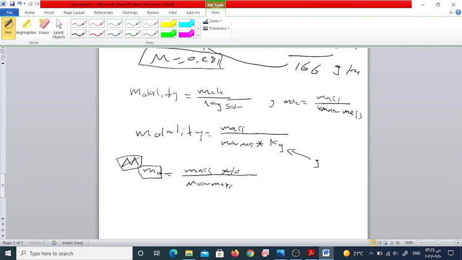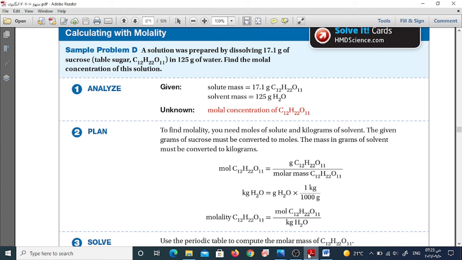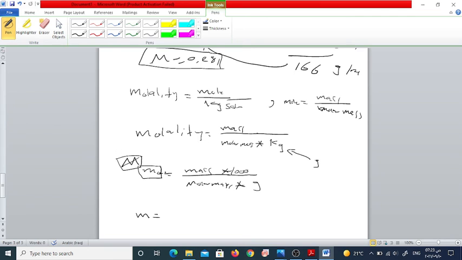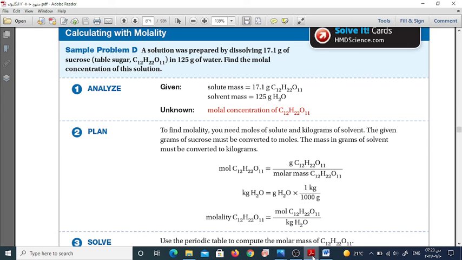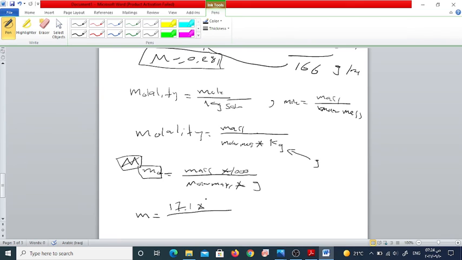Here we put 1000 as a conversion factor between kilogram and grams, and here we put the gram of solvent. So we can say molality equals, let's have only numbers here. The mass is 17.1 gram, times, the solvent mass is given in gram, so I put 1000 here. I use this law.